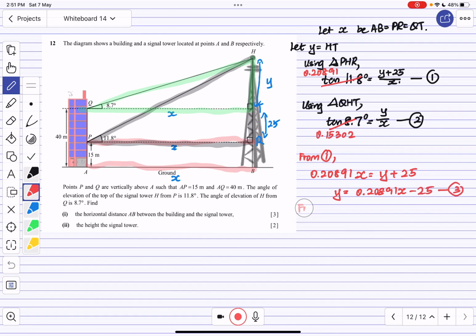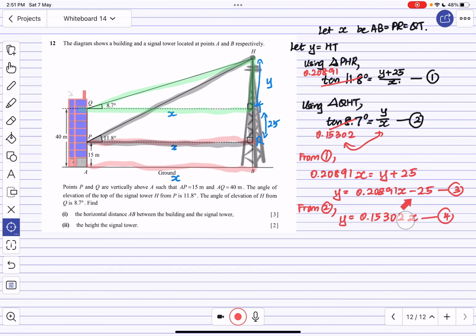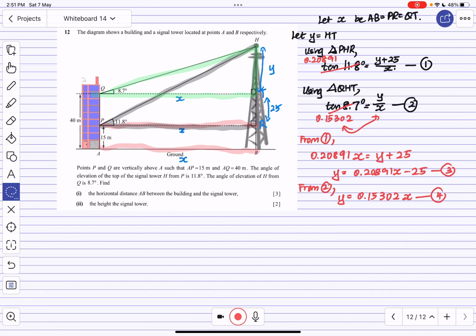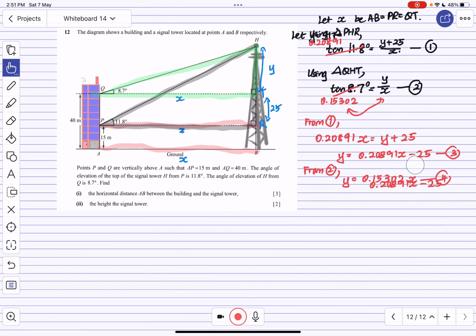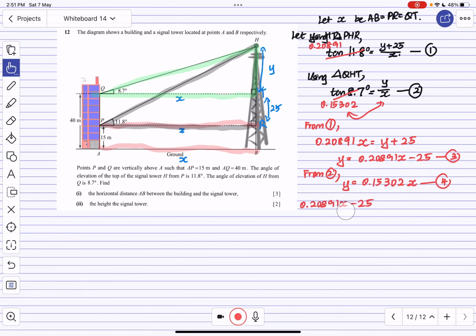Now from equation 2, I can say that Y would be 0.15302 of X, just by multiplying both sides by X. Now you see, equations 3 and 4 both have Y as the subject. Now if I solve them simultaneously, let me show you how I'm doing it. I'm just going to copy paste here.